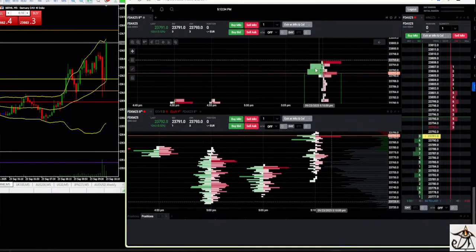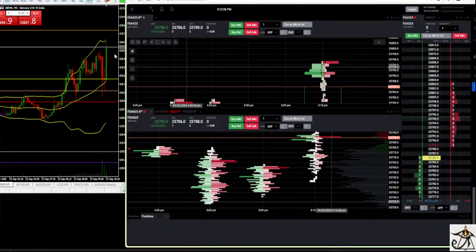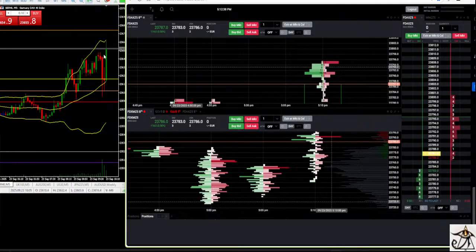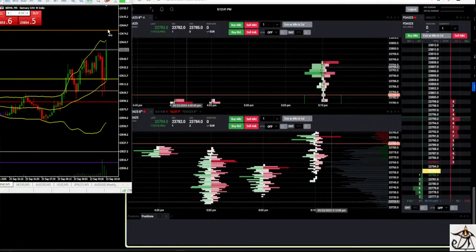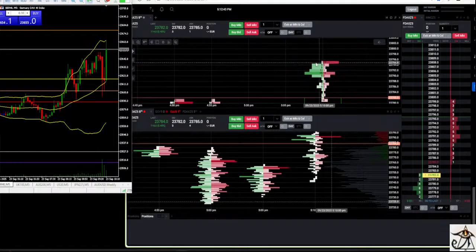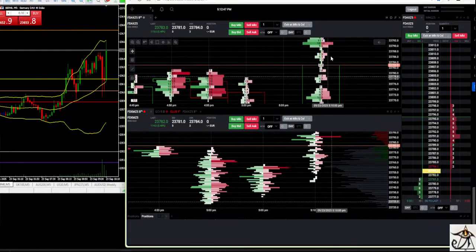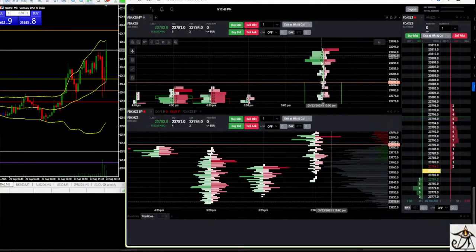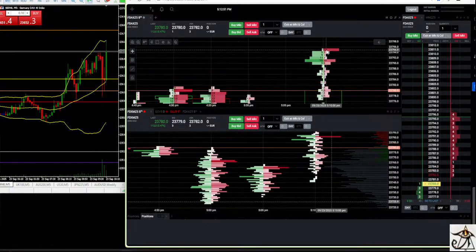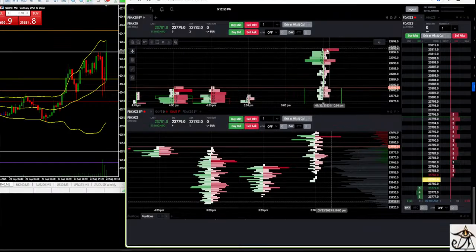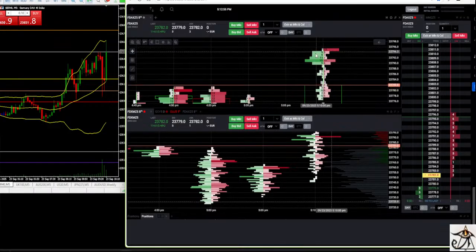Now, I think previously I got sucked in a little bit early. I saw this kind of reaction and I got in, but I didn't wait for this level, the R2, to be hit. I like the look of this thin order flow followed by this kind of activity up here where there's more orders. You've got the ask limit order all on this one price, followed by aggressive bid side selling.